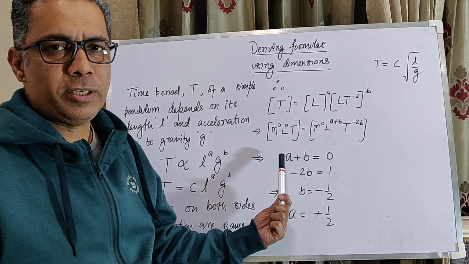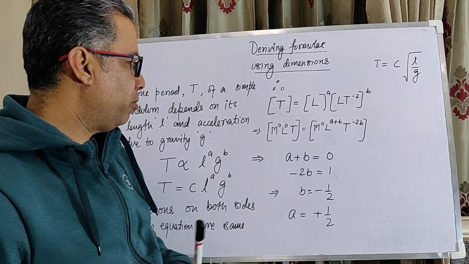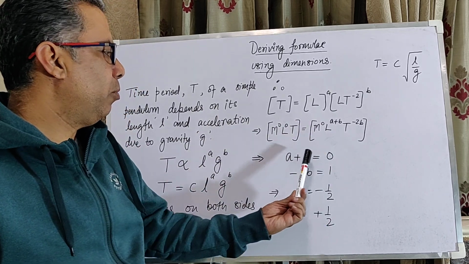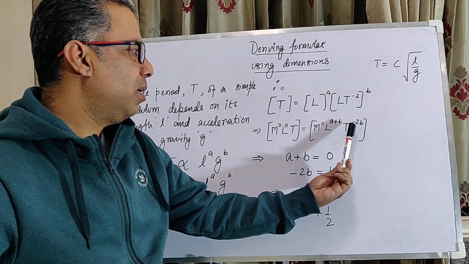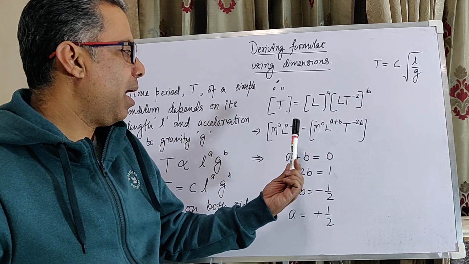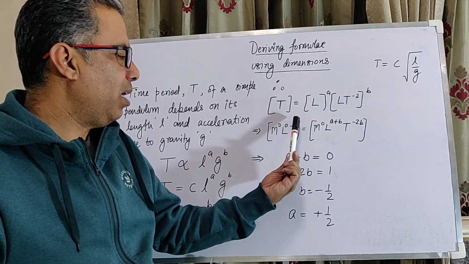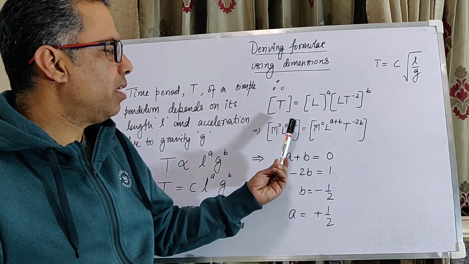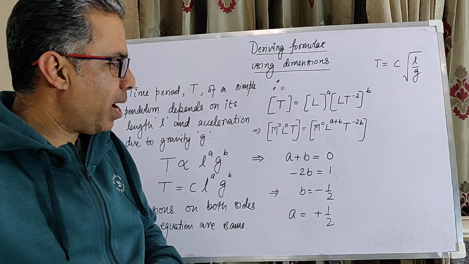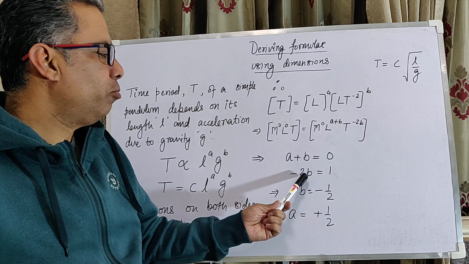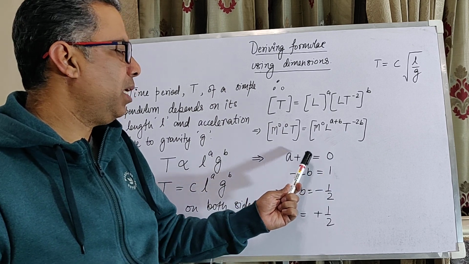Only then the dimensions can be identical on both sides. So a plus b equals 0, and minus 2b has to be equal to 1, because the power of T on the left hand side is 1 and the power of T on the right hand side is minus 2b. Therefore minus 2b equals 1 and a plus b equals 0.